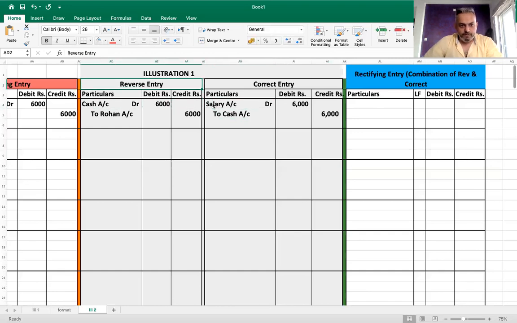So now reverse entry and correct entry we have to combine. What we can cancel over here?